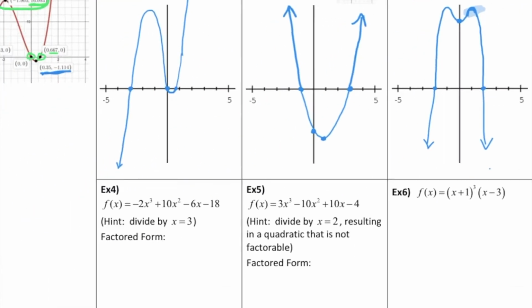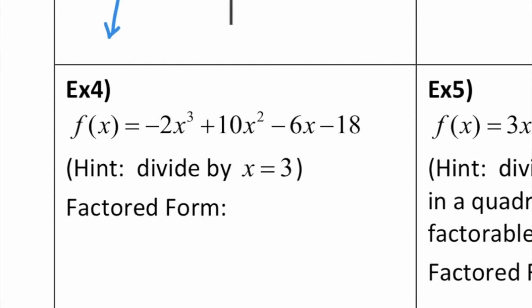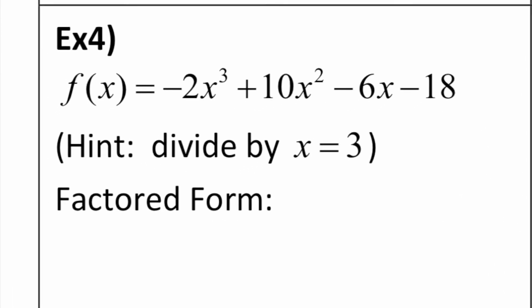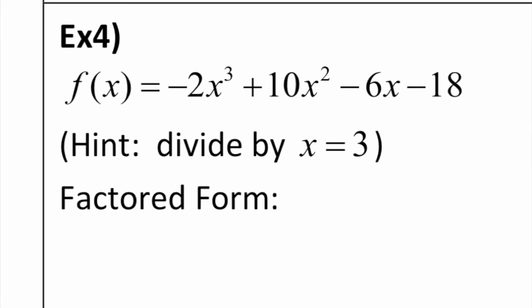So for number 4, if a polynomial that I need you to graph is not factorable, what I'll do is tell you to divide by a certain x value, meaning use synthetic division, and then whatever's left should be factorable.